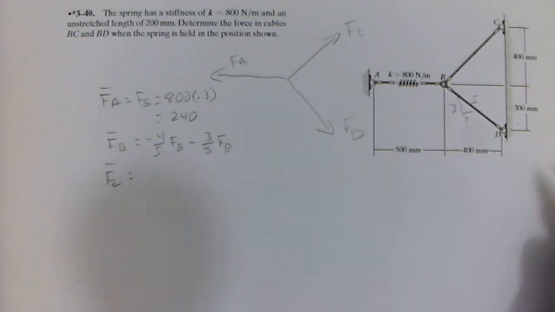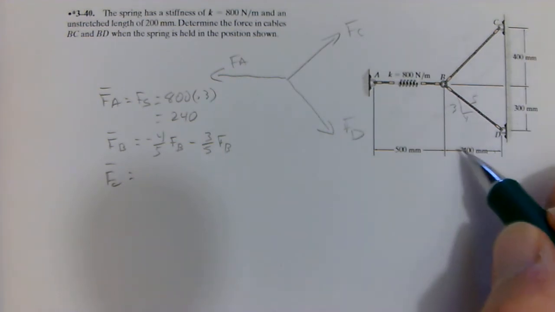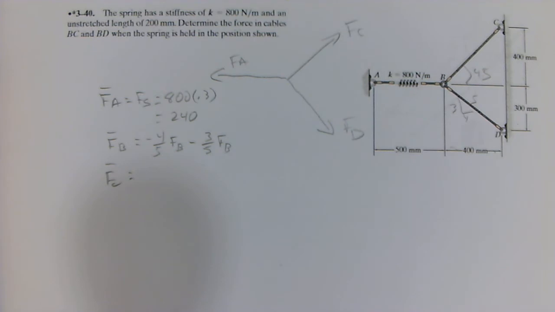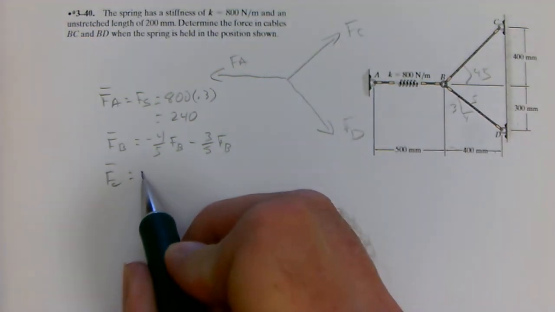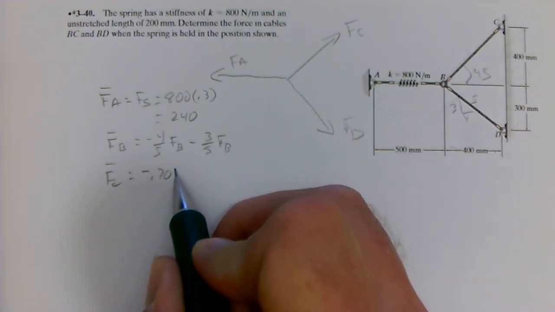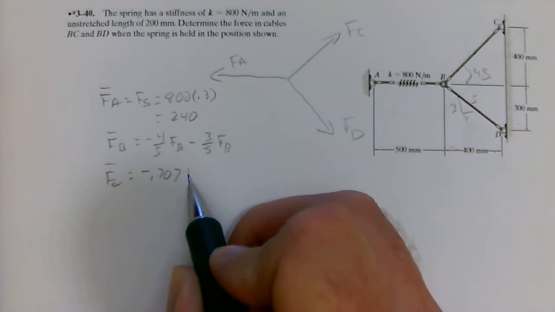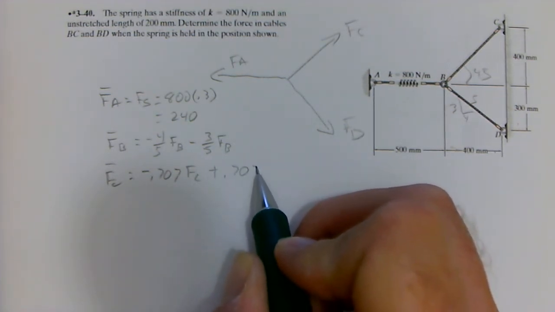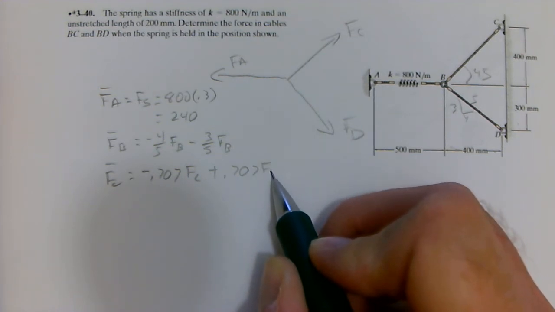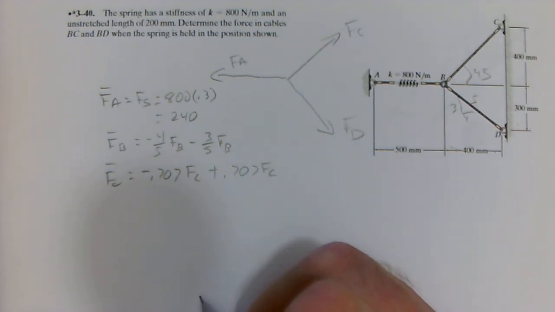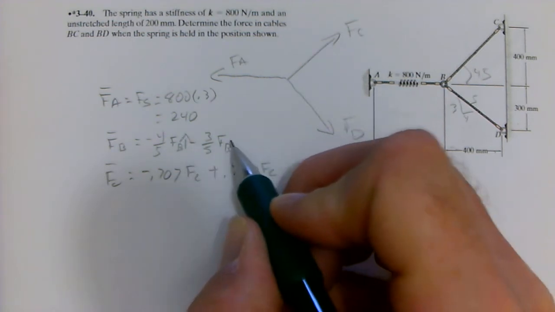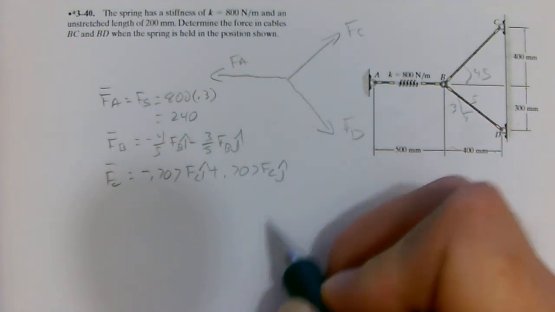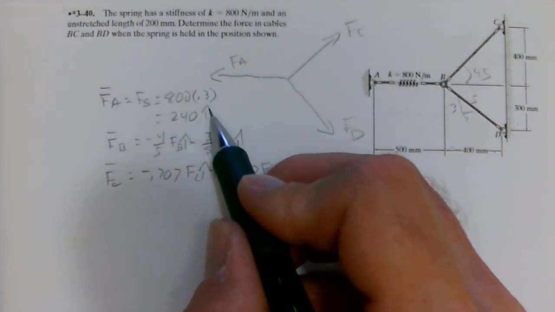FC is a 400 and 400, so that's a 45-degree angle. And so we know it's going to be -0.707 FC in the X, and +0.707 FC in the Y, the J. I could put my I's and J's here. This one is all I, isn't it?